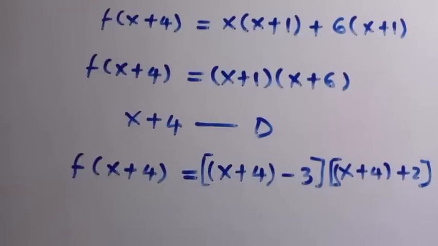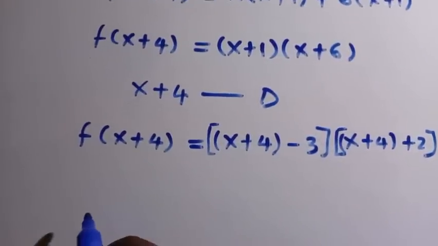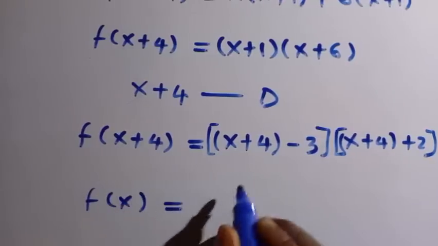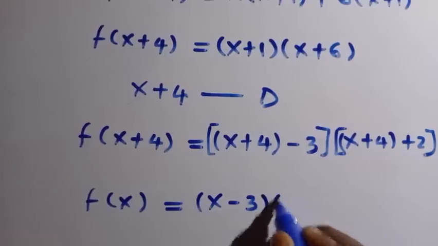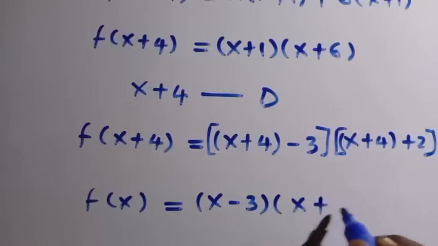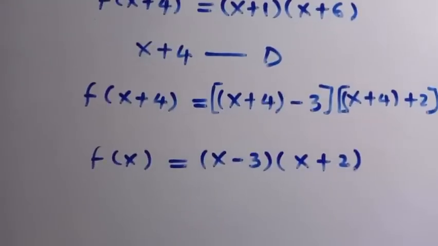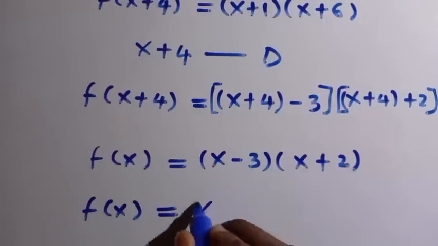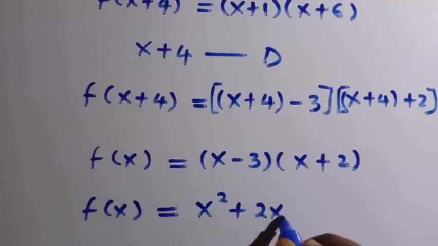So after getting this, we can now replace x plus 4 with x. By replacing x plus 4 with x, we have f of x equals x minus 3 multiplied by x plus 2. Then let's expand this one. We have f of x equals x times x, that is x squared, plus x times 2, that is 2x.